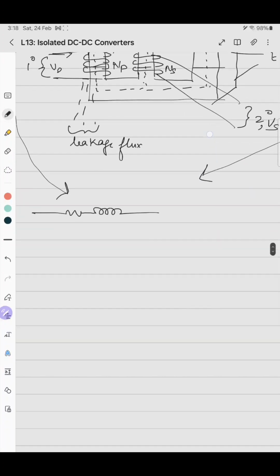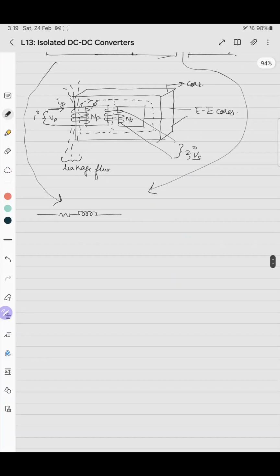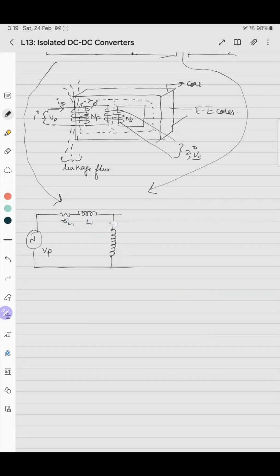Typically we can ignore this R naught because the current is very small, which means the resistance R naught is very big. This is Vp, this is RL1, this is L1, and this current we'll write as Im.